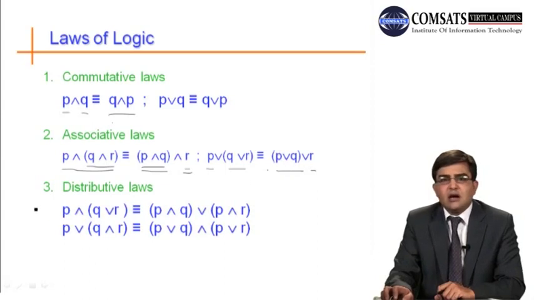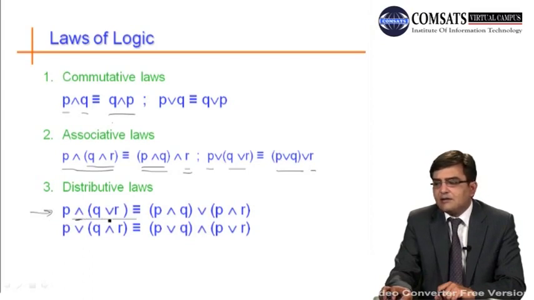The next two laws are called the distributive laws. In the first law, we have a conjunction, and inside the bracket we have a disjunction. This law states that P and (Q or R) is logically equivalent to (P and Q) or (P and R).